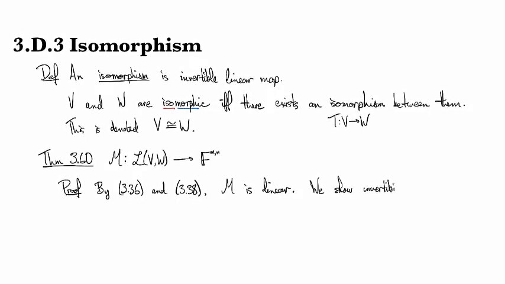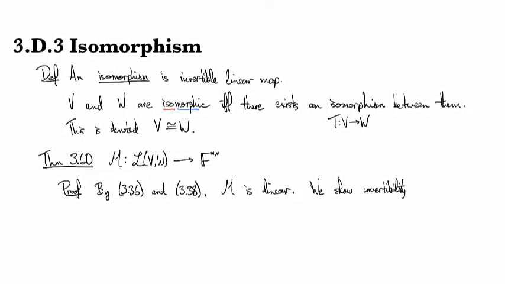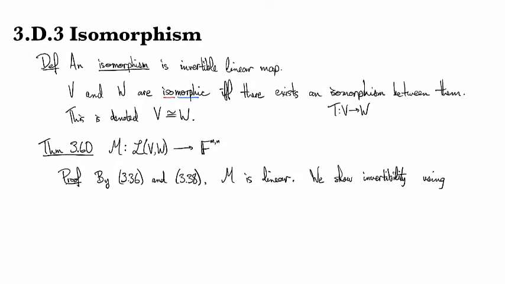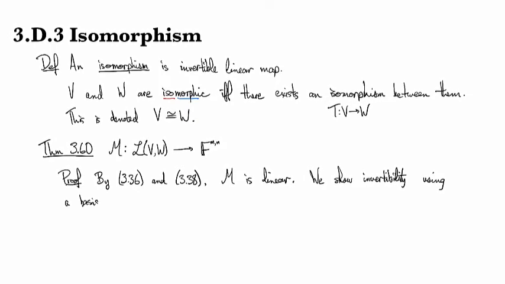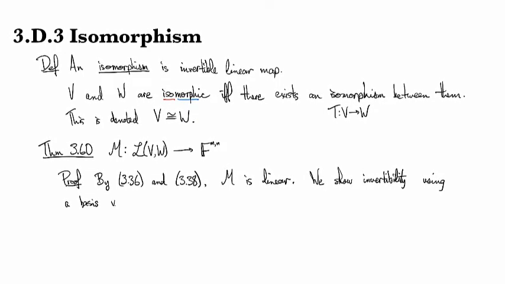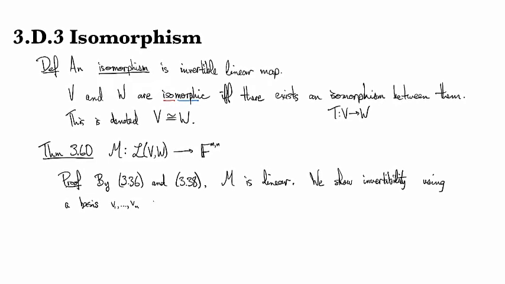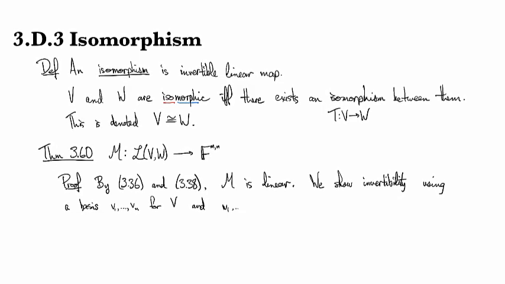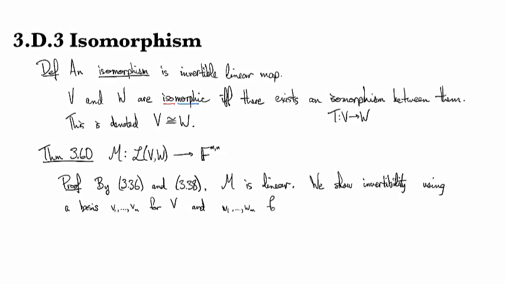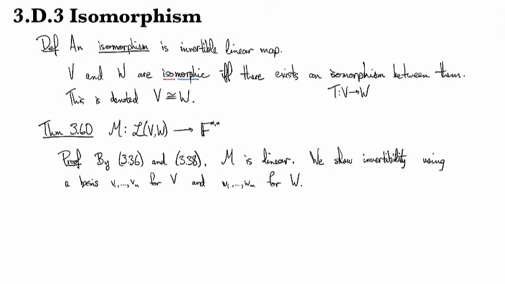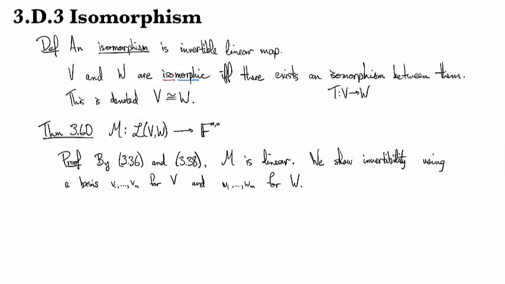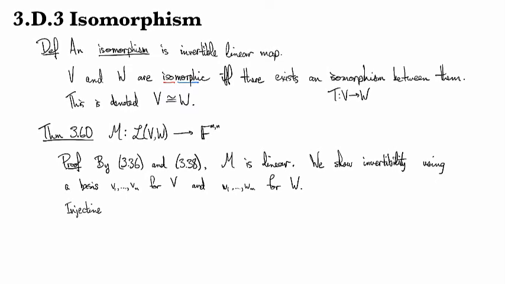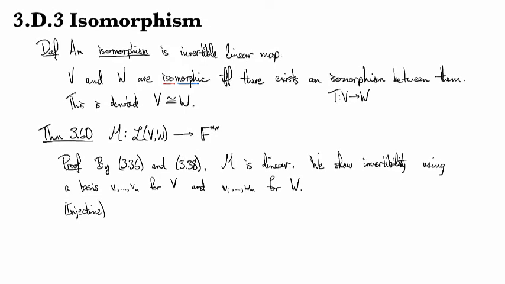To show invertibility, we use a basis of V's for V, and W's for W. Okay, so there's 2 parts for invertible. By the theorem, we can show that it's injective and surjective, and then we'll know that it's invertible.